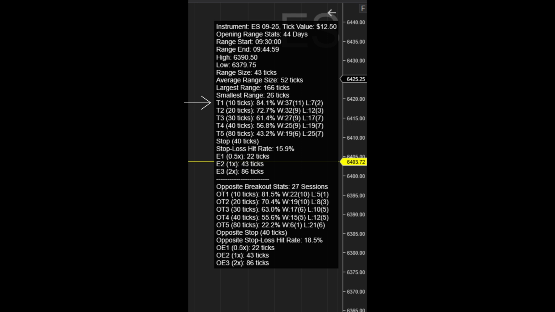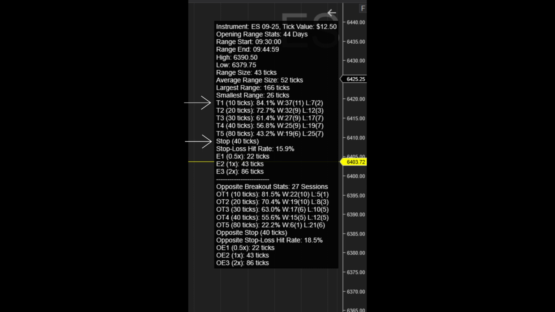So we can see that with this particular stop, we have a 40 tick stop. Our target won at 10 ticks, won 84.1% of the time, and we had 37 wins with an 11 trade win streak. So that's new in our stats here.